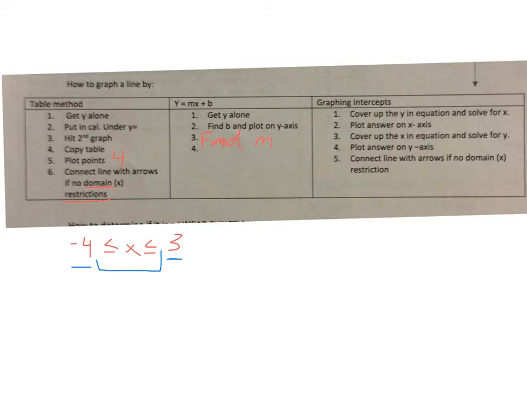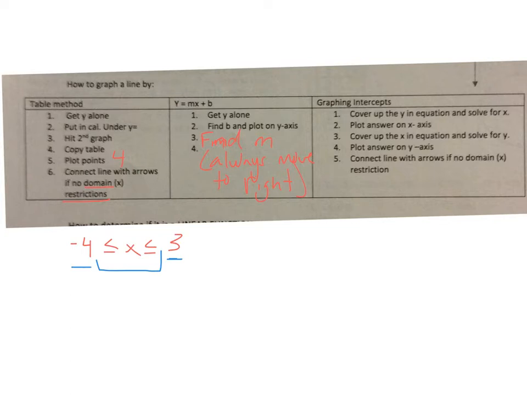Find m and move along the graph to make the points. Remember, it's always to the right. Always move to the right. That's my hint when we're doing slope. It's either up and to the right or down and to the right.